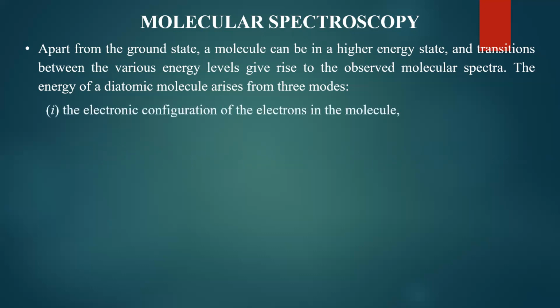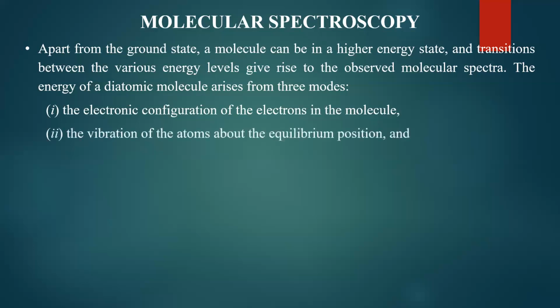One is the electronic configuration of the electrons in the molecule. The electrons are revolving around the nucleus in a particular orbit, and that motion gives rise to energy for the molecule. That is called electronic energy.